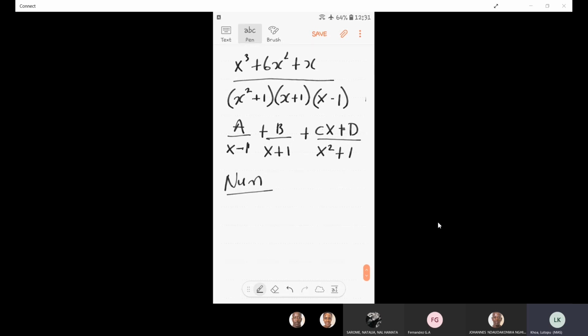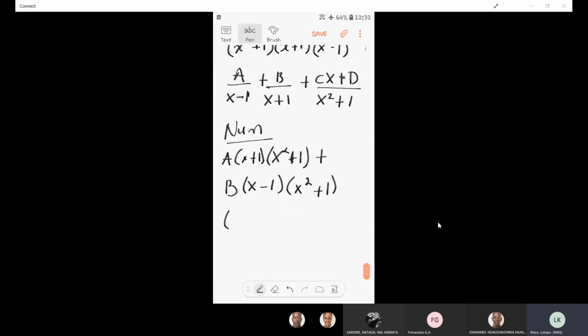So the first one, a, multiplies by x plus 1, and then x squared plus 1, and then b will multiply with x minus 1, and then x squared plus 1, and then cx plus d will multiply with x minus 1, x plus 1, and this should be equal to what I have on the right hand side, which is x cubed plus 6x plus x.